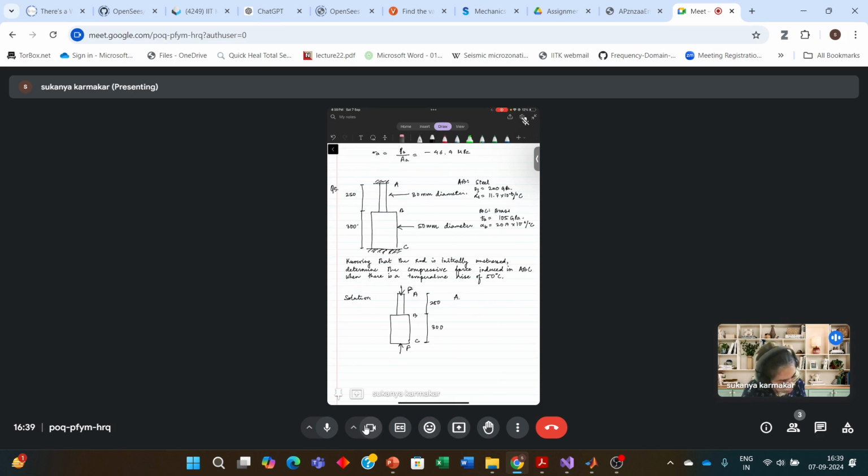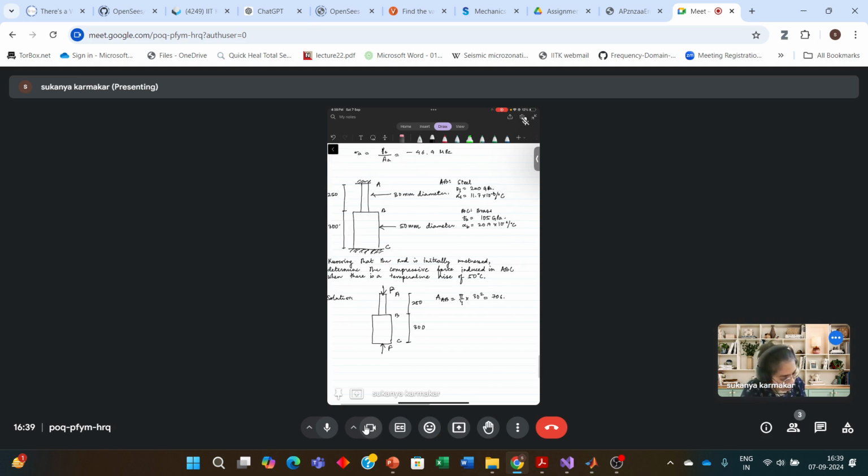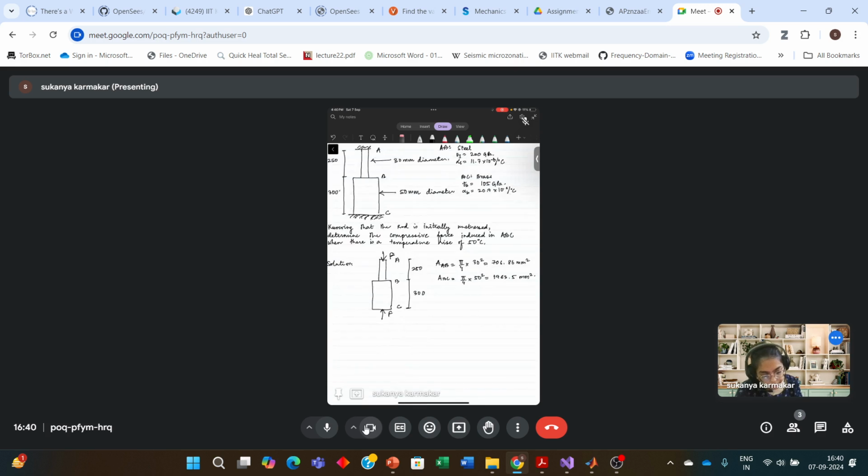Now, area of AB is pi by 4 into 30 square, which is 706.86 mm square, and area of BC is pi by 4 into 50 square, which is 1963.5 mm square.